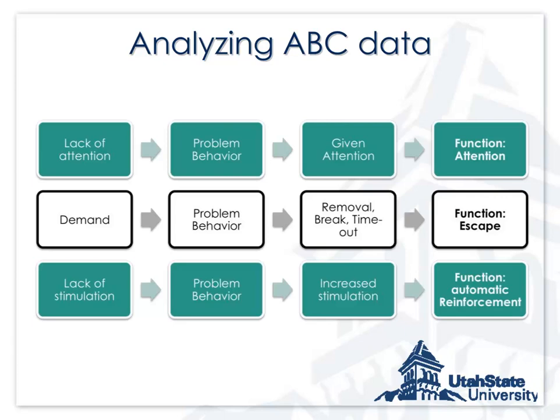If the most common antecedent is that no attention or instructions are given, and little access to preferred items is provided, then it is possible that the problem behavior is maintained by automatic reinforcement, if the problem behavior does not produce any attention, instruction, or access to preferred items after it has occurred.